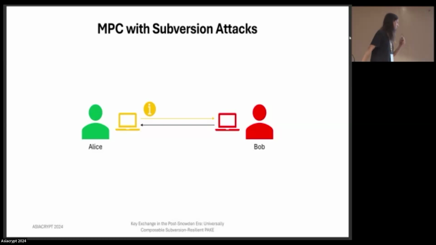So what can concretely happen even with such a restricted class of subversion is that, for instance, the machine of Alice could attempt to exfiltrate information by some kind of subliminal channel, right? So there could be some message that is distributed as what an honest machine would output.